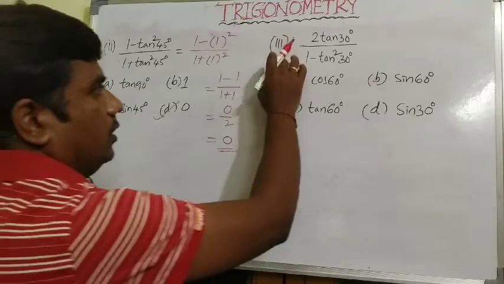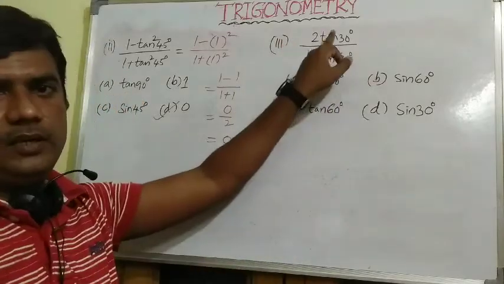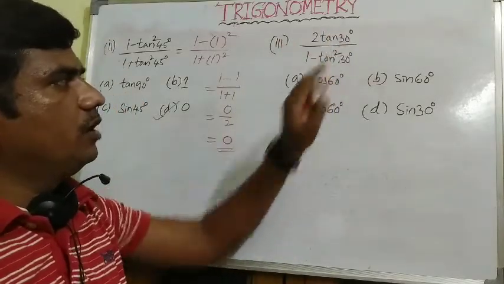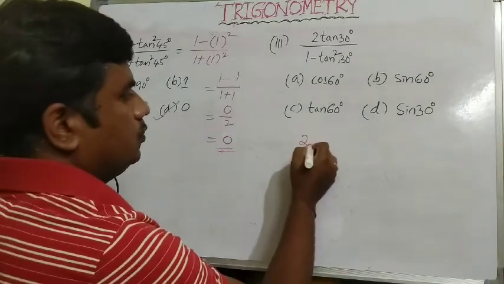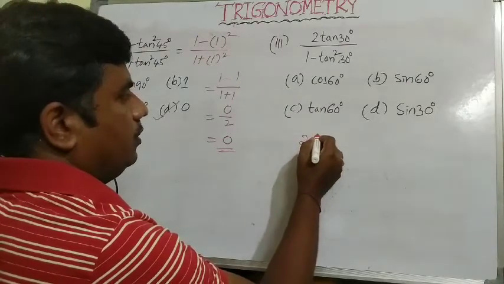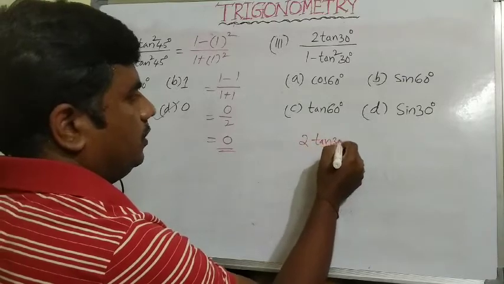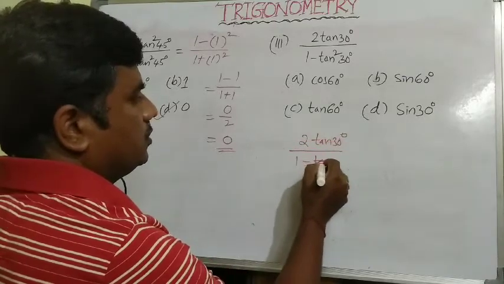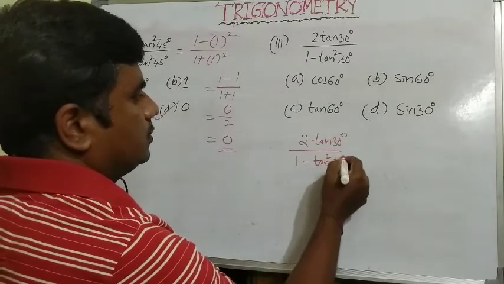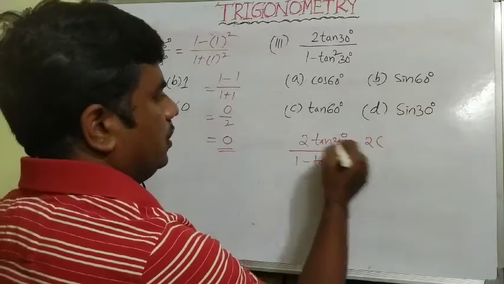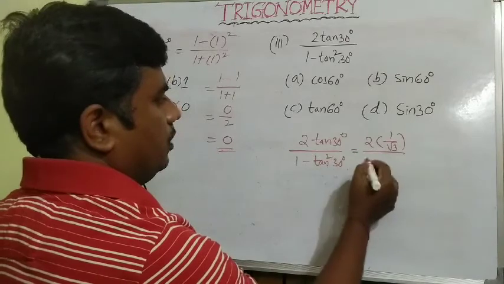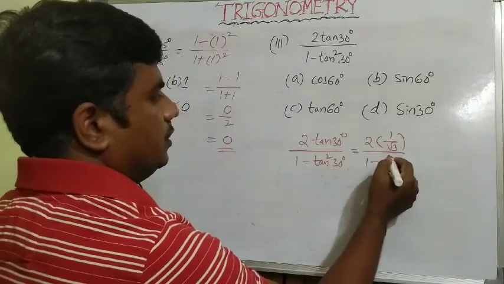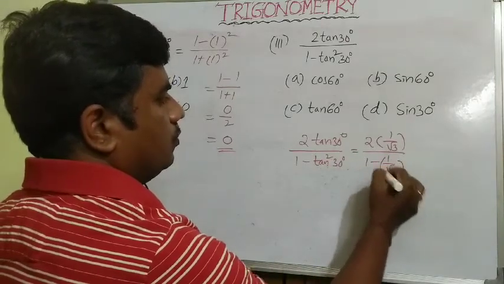Next, the third one: 2 tan 30 degrees by 1 minus tan square 30 degrees. So 2 into tan 30 value. Tan 30 is 1 by root 3, by 1 minus tan square 30, that is 1 by root 3 whole square.